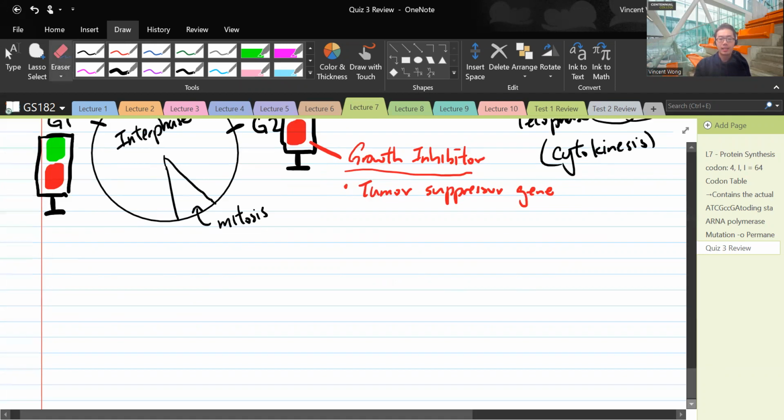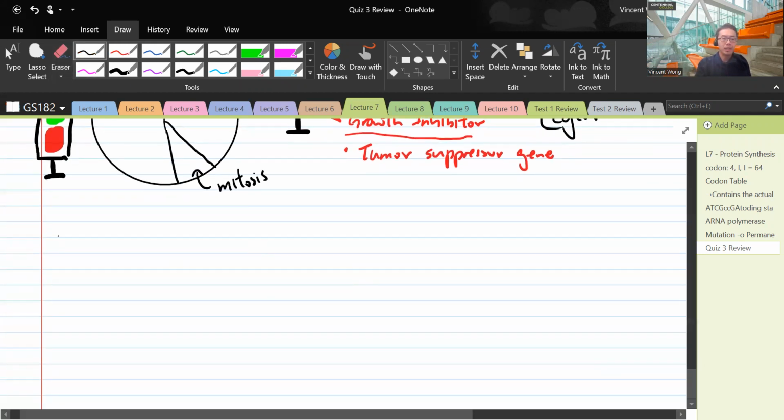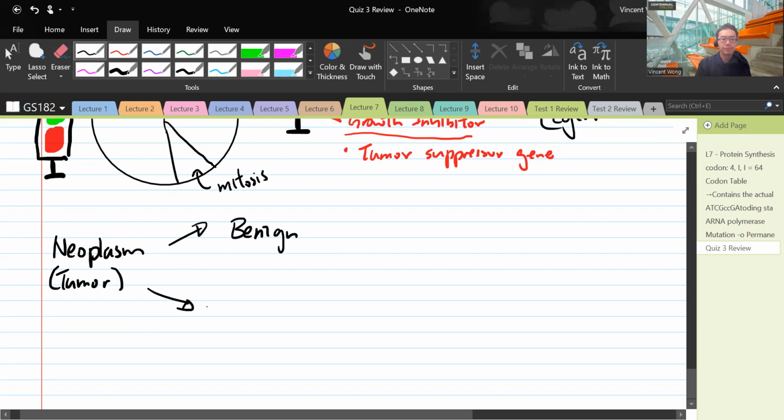And that creates a neoplasm, which is a tumor. Remember, tumors are not automatically cancerous. They could be benign, or they could be cancerous, malignant.